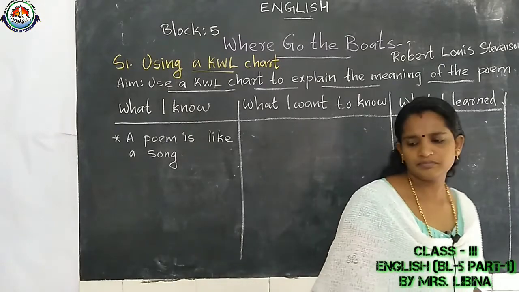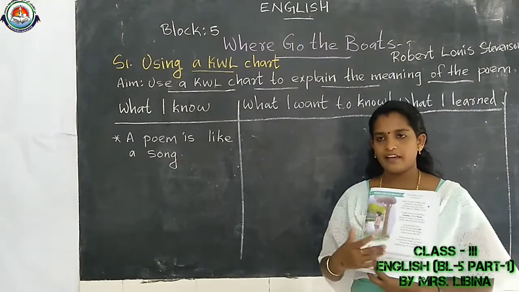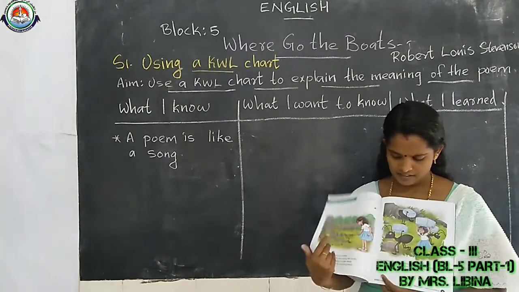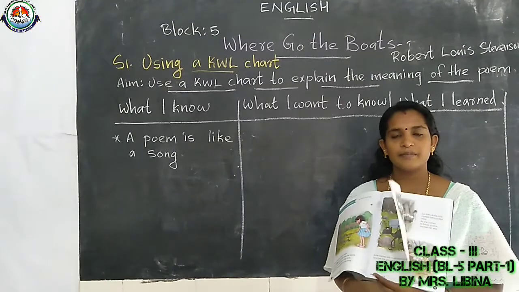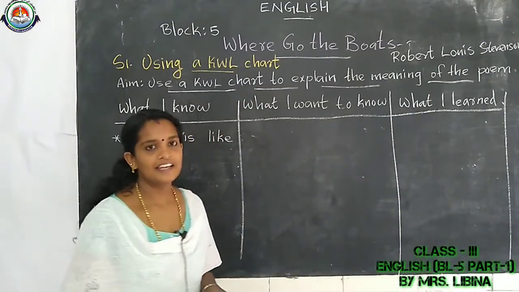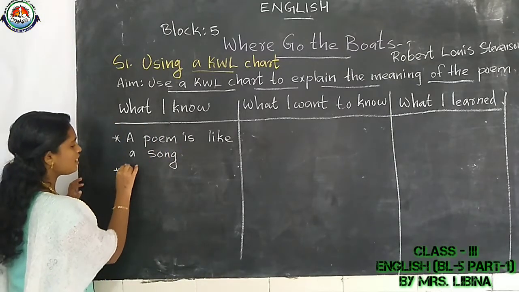Then what about when we are looking at this poem and when we are looking at any other story? How is it? Differences will be there. Tell me one difference. Yes. What is the next one?